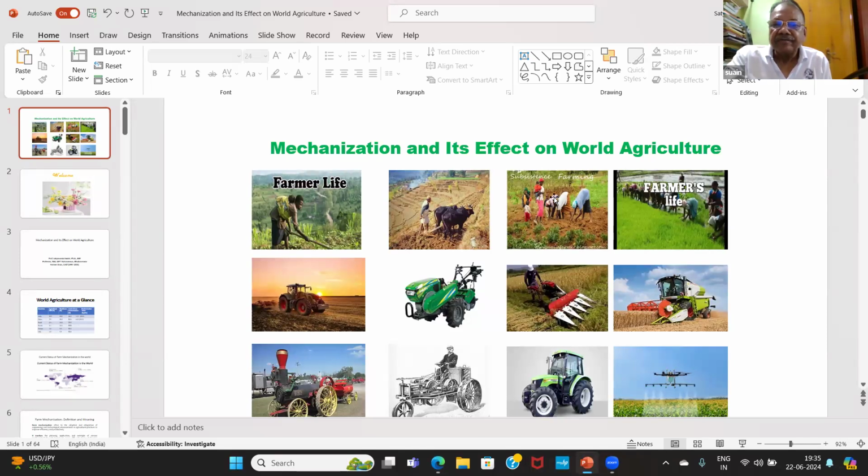Here is a group of workers, and very important is the transplanting operation all over the world. All rice growing countries face this difficulty. I tried to put one transplanting slide, but could not do it. Anyway, it is here.